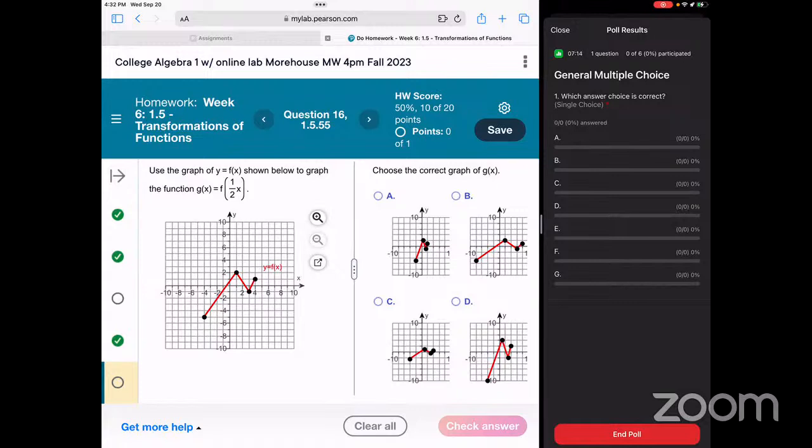So instead of causing a horizontal shrink by a factor of 1/2, this one should cause a horizontal stretch by a factor of 2. Okay. So that's going to cause a horizontal stretch by a factor of 2. The only one that looks like it's been stretched horizontally is B. So let's go with B.